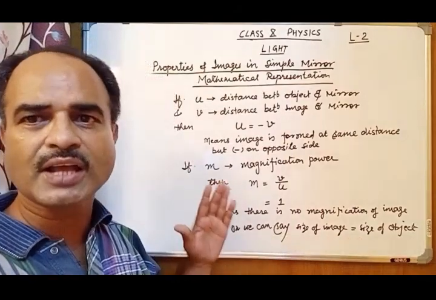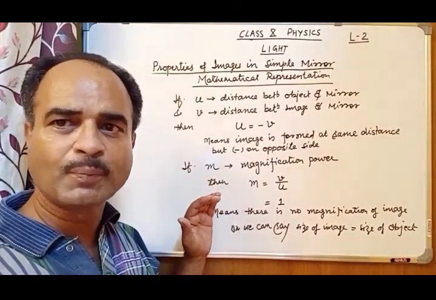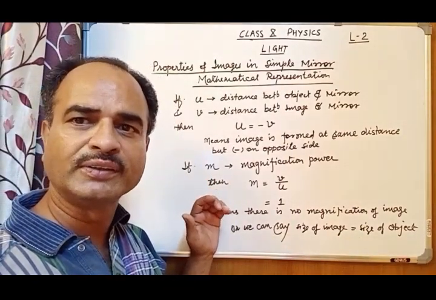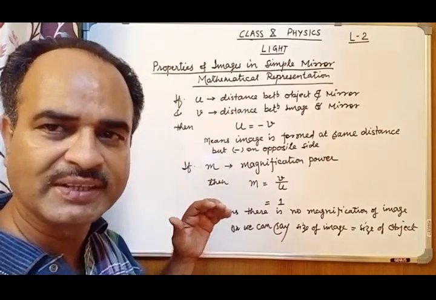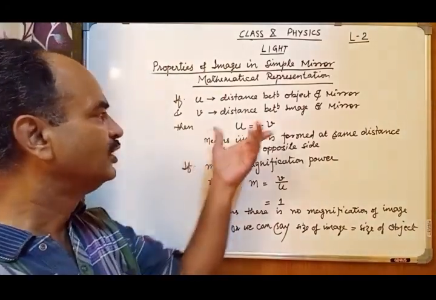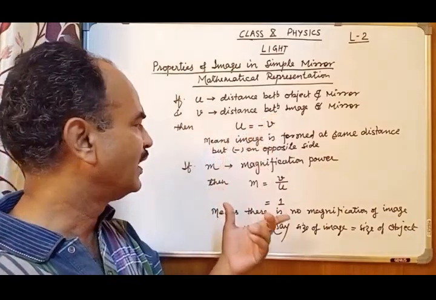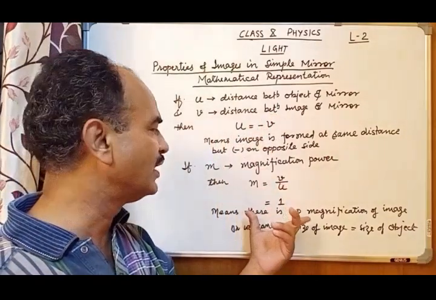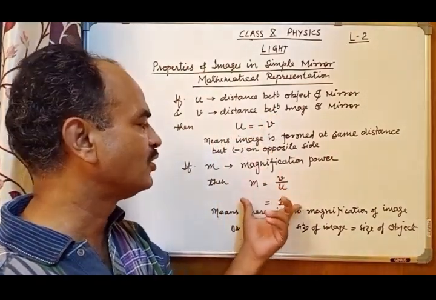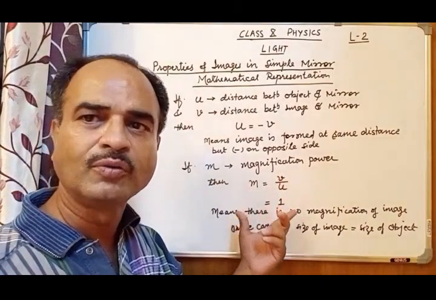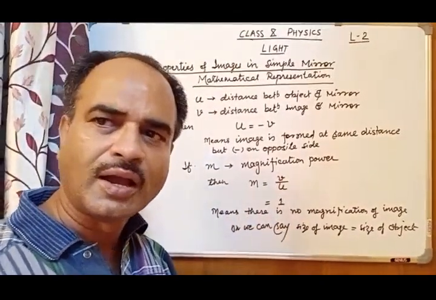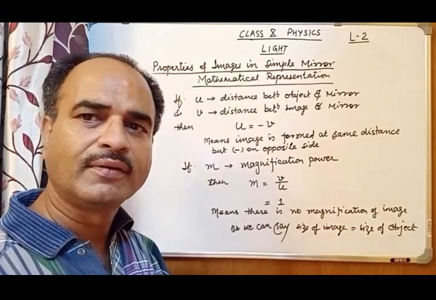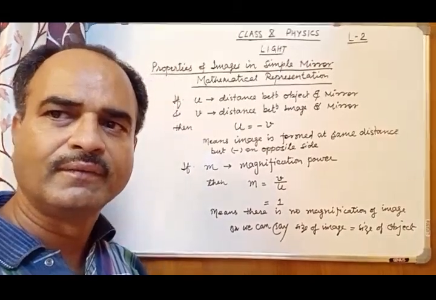So this is how we represent the properties of image formation in a simple mirror mathematically: u is always equal to minus v, and m is equal to v upon u, which is equal to 1.